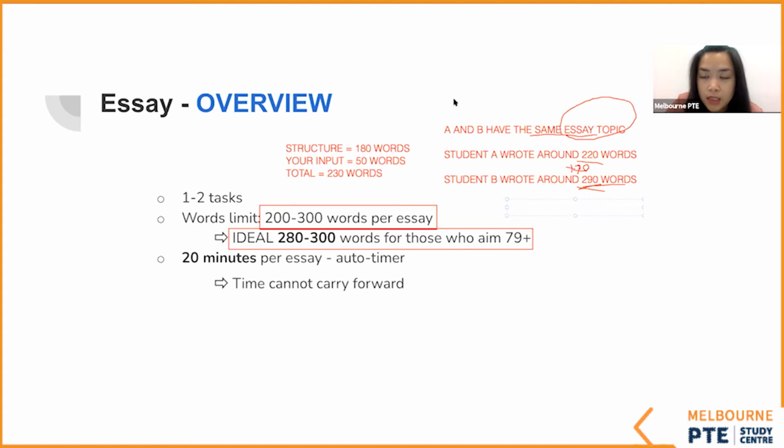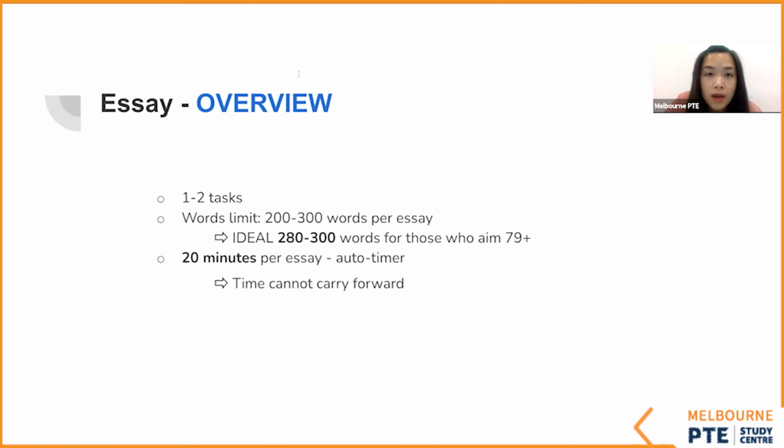So I just want you to know why sometimes you can get a good score, sometimes not, because it depends on the topic. Sometimes you have a better idea, more information, and on another topic you have no idea. Okay. Right, but for those who aim for 79 plus, I need you to remember this.